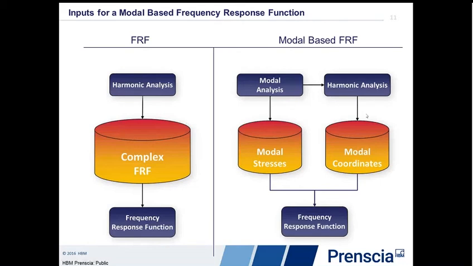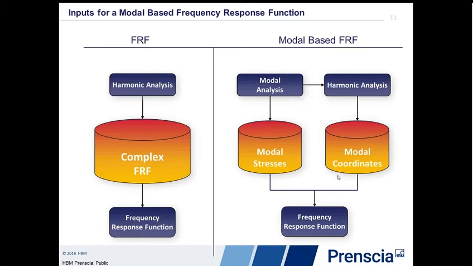Now I can bring in these modal stresses, I can bring in these tables of complex scale factors versus frequency, and I can put them together inside of DesignLife and create the FRF directly.